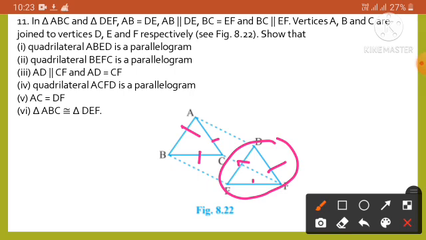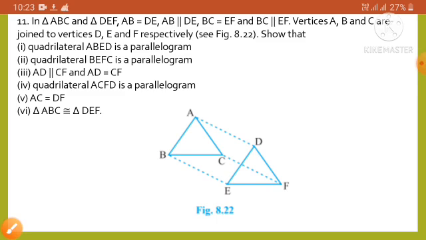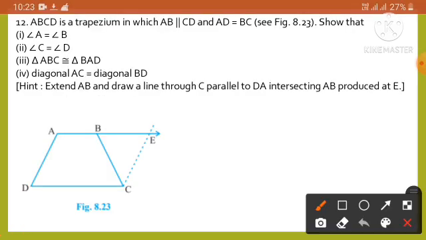Okay, now the last question in this exercise, that is question number 12. Here the question is: ABCD is a trapezium in which AB parallel to CD and AD equal to BC. Here is the figure.